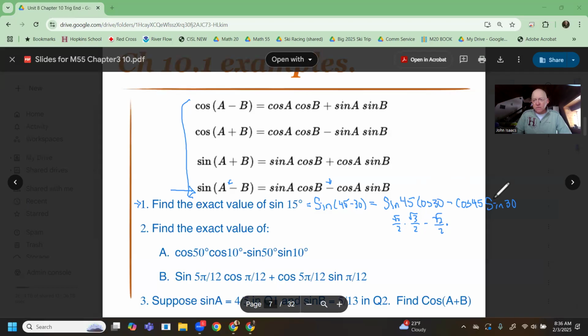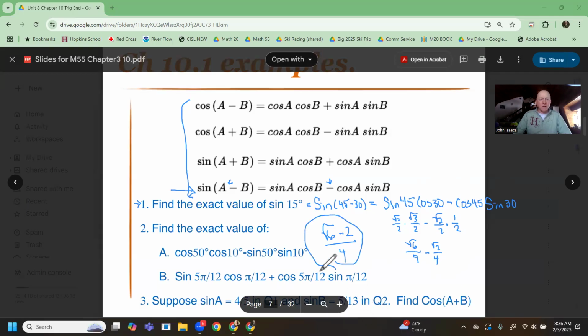Same triangle as cosine of 30, but it's the other part of it. It's the vertical part, so that's 1/2. And then just multiply and simplify these. So root 2 times root 3 is root 6 over 4 minus root 2 times 1 is root 2 over 4. And you can even rewrite that as root 6 minus root 2 over 4. And you're done. So that's the first one.